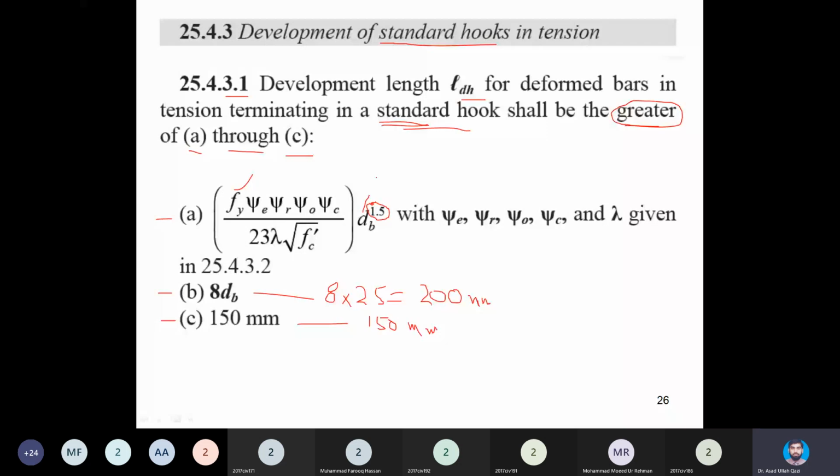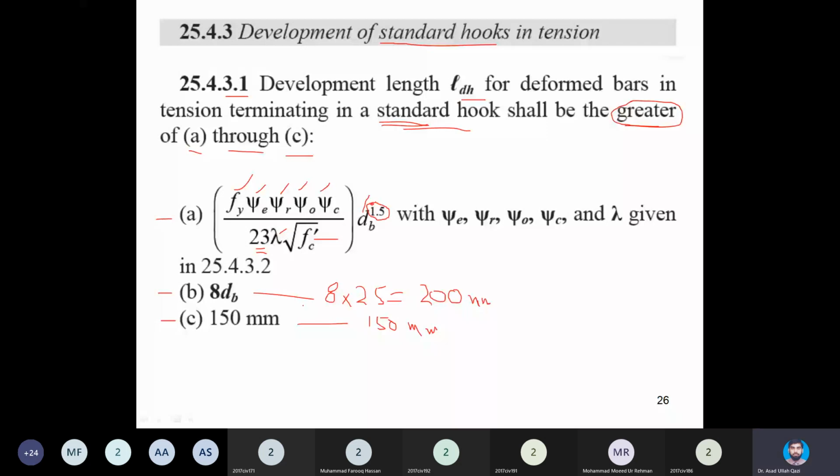And Fc prime is in the denominator, under the root of Fc prime, along with the 23, in standard SI units. So the empirical equation has lambda. It has the epoxy coating factor. In addition to them, there are some other factors now: psi R, psi naught, psi C.